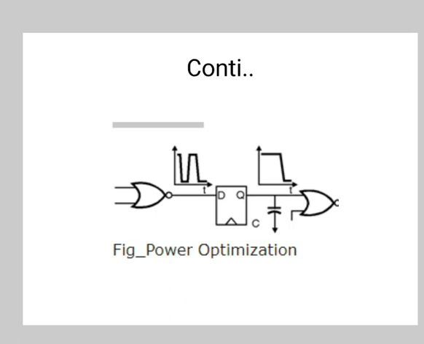Even though the input has a glitch, it is not reflected at the output. But adding a register will change the number of cycles required to compute the output of the machine, and it must also be compatible with the rest of the system.